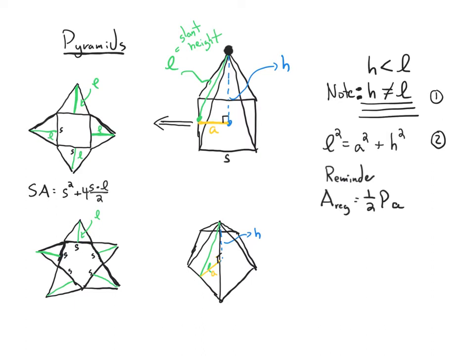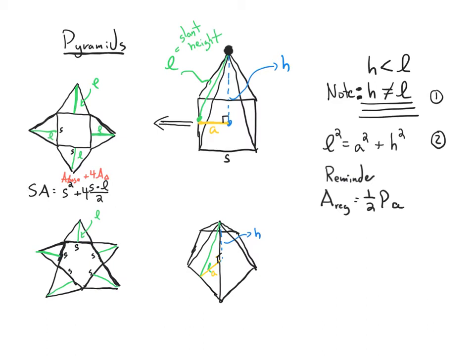So I can write it like that. The area of the base plus 4 areas of our triangle. Maybe I'll write that in a different color. So area of the base plus 4 areas of our triangles.